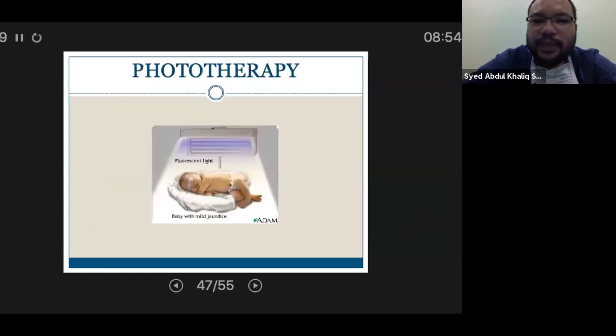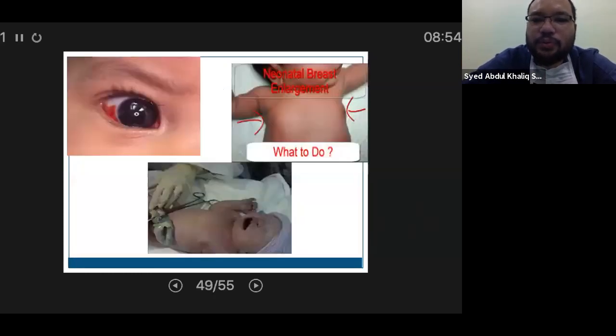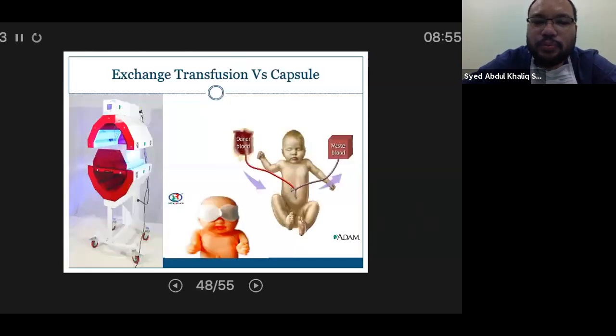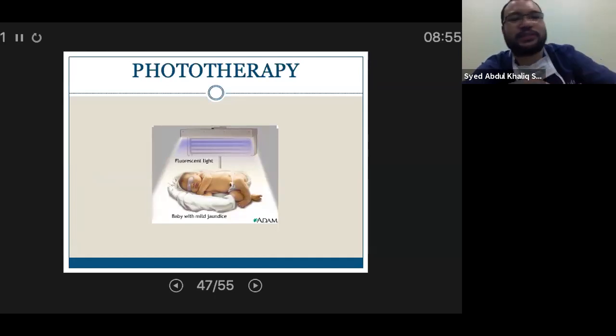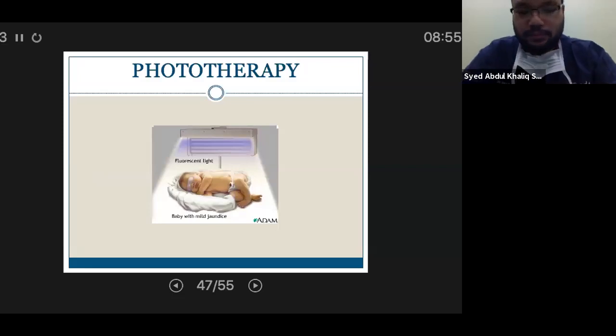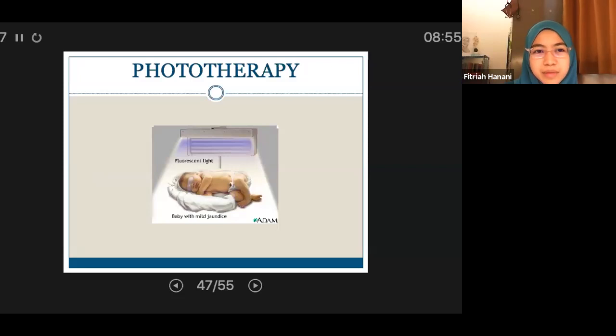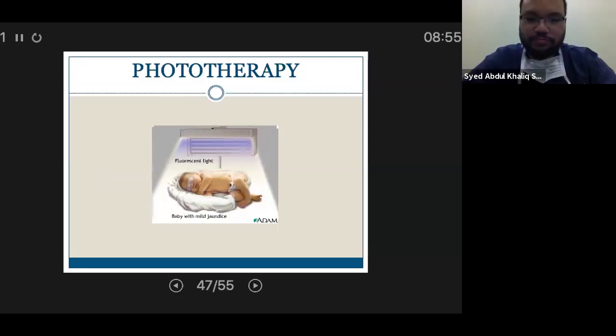Okay, phototherapy. So what does phototherapy do? Kita buat phototherapy ni apa? Apa effect of phototherapy? Kenapa kita bagi phototherapy in babies who have jaundice? It converts the unconjugated bilirubin to the conjugated. No. Atau isomerize.